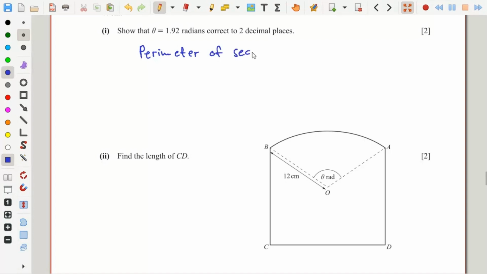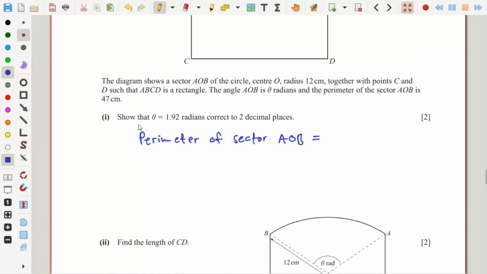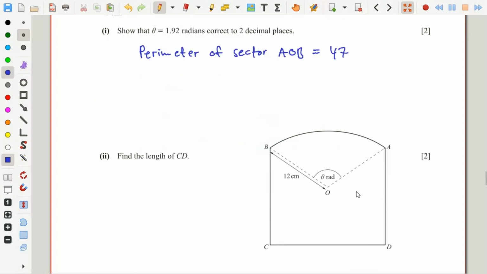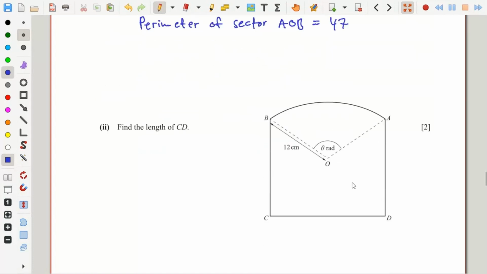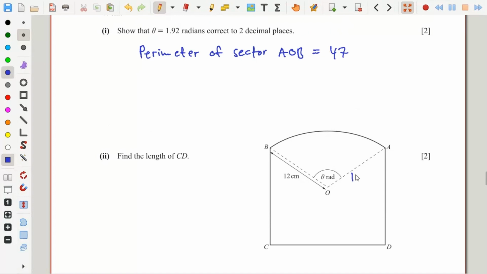Of sector AOB. The perimeter was given as 47. Okay, so you know that here is 12, right?